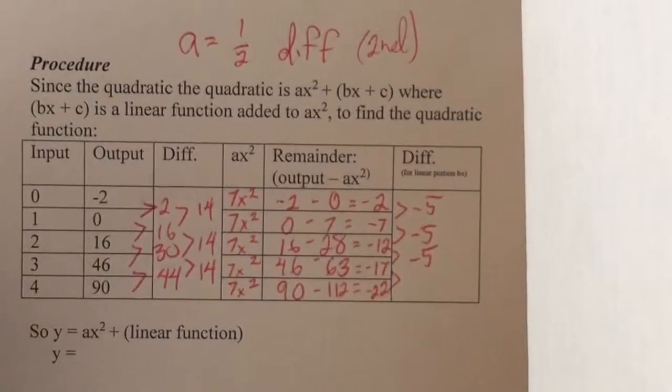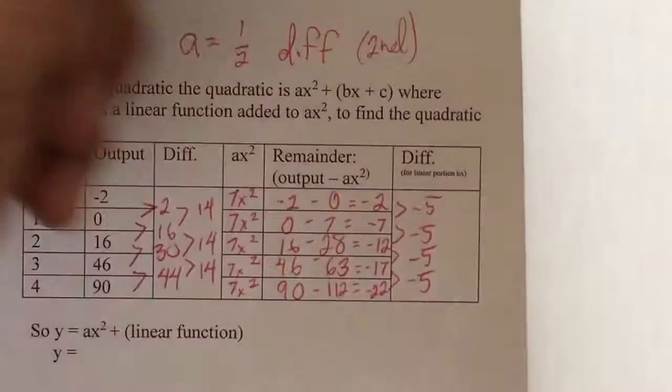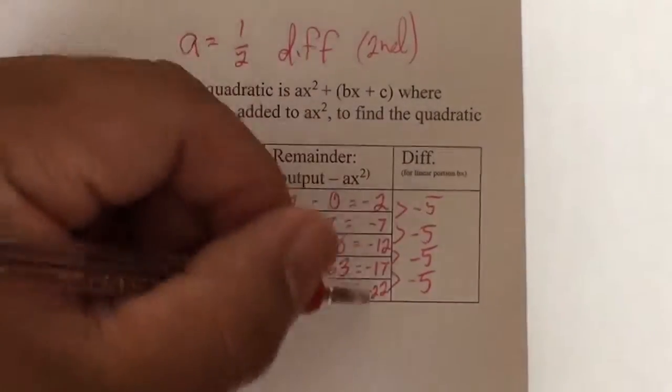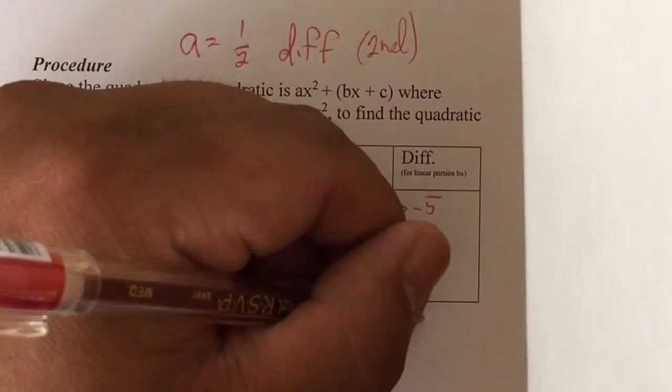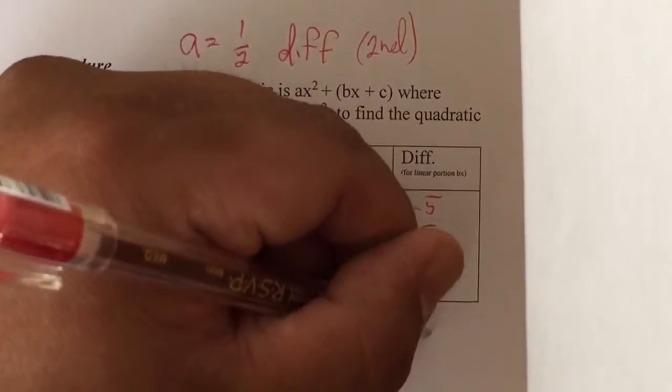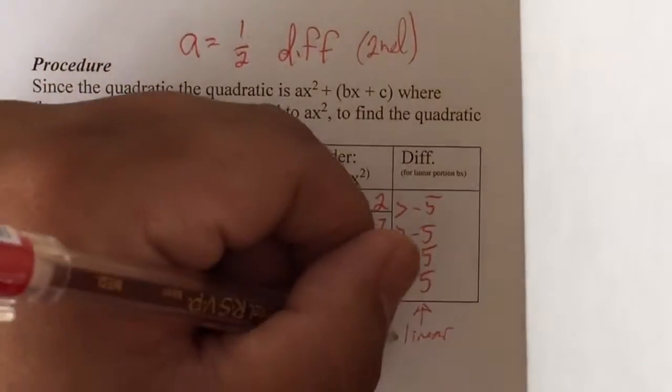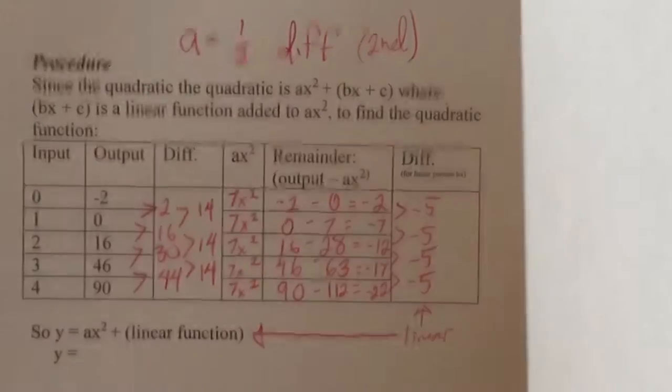And -22 minus -17 gives us -5 also. Since this happened in the first differences, this means that this is a linear portion, which is actually the part that you're looking for here.